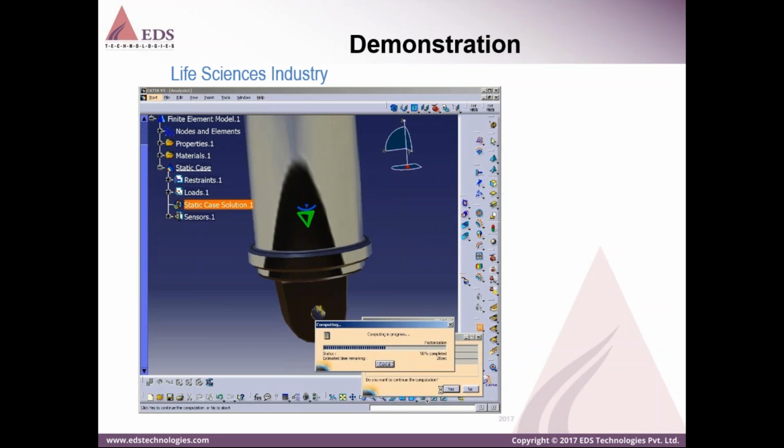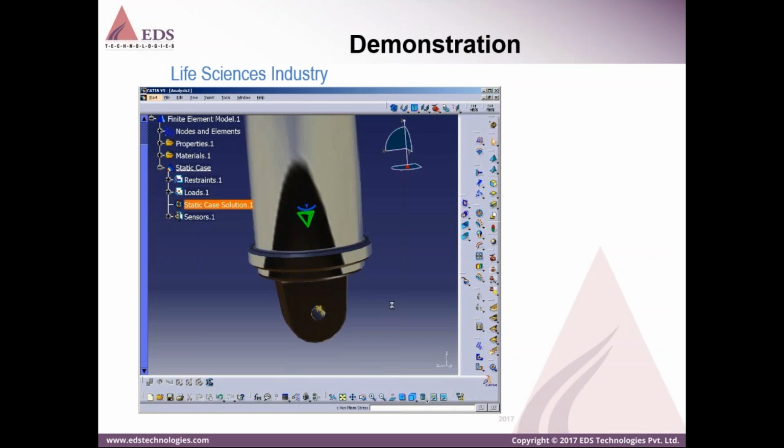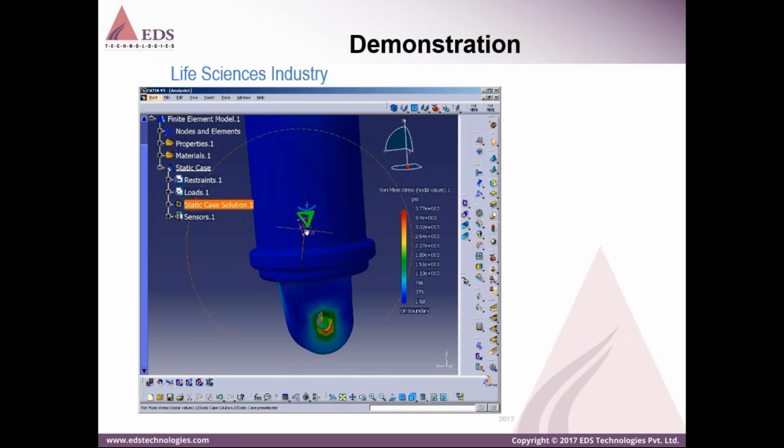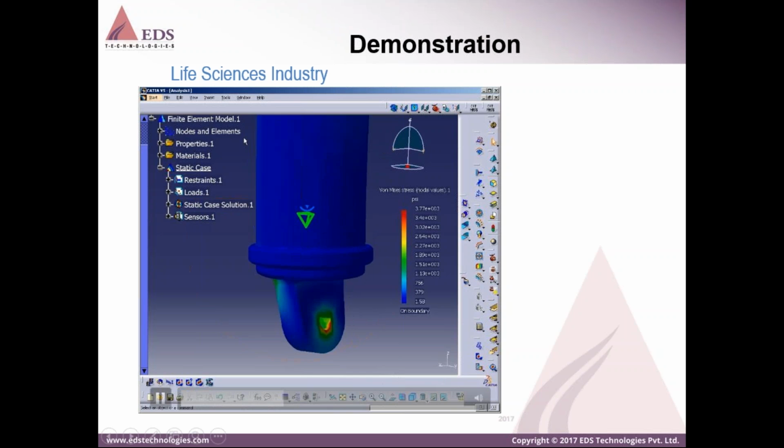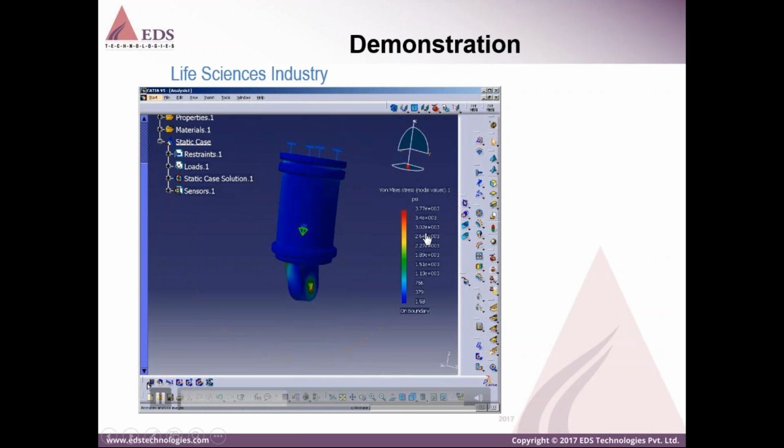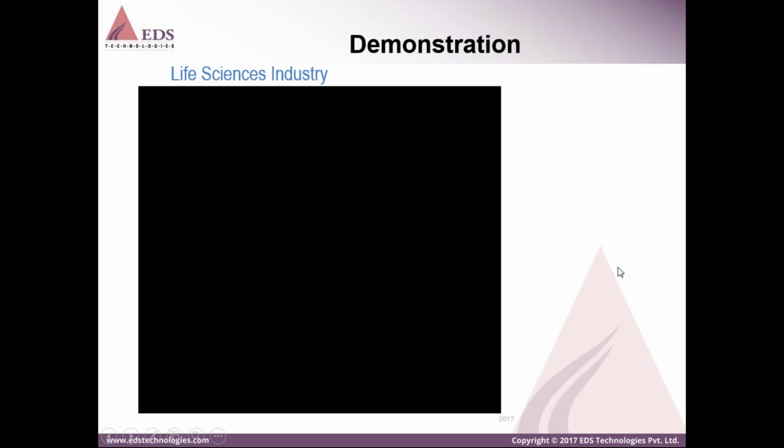As we have discussed, CATIA has the Elfini solver, which is solving. After solving, to understand the results, we have these tools. Here it is showing where the stresses are more. Wherever these red areas are, it shows the stresses are more at that particular location.